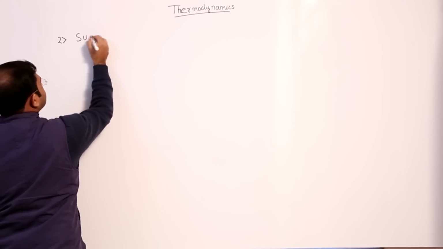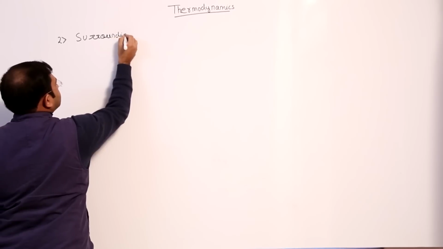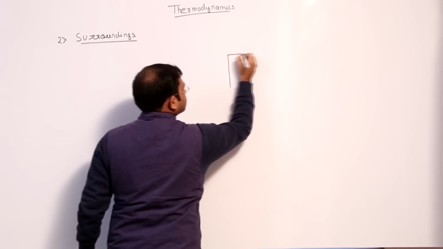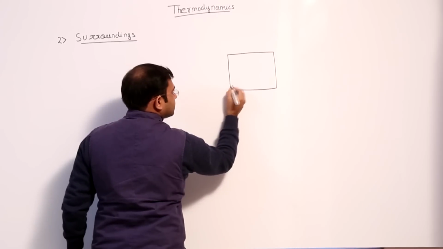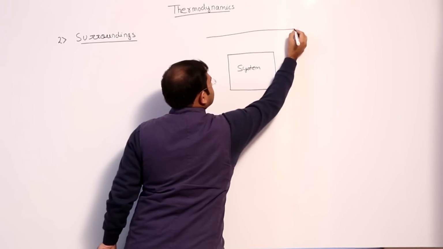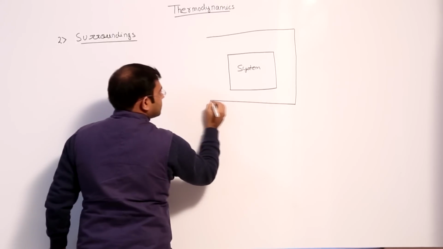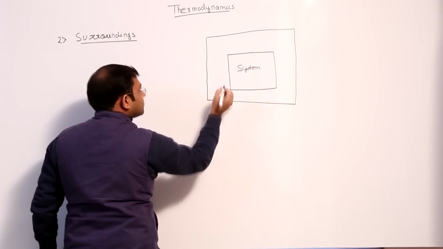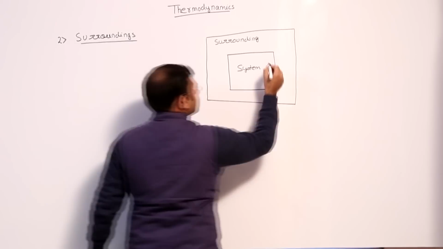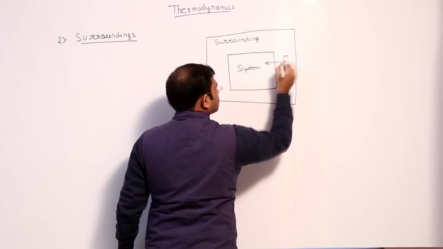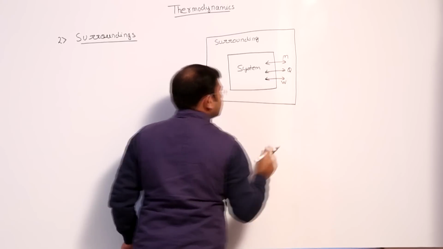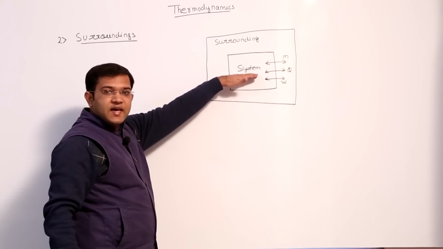Now second definition, surrounding. Anything external to the system.